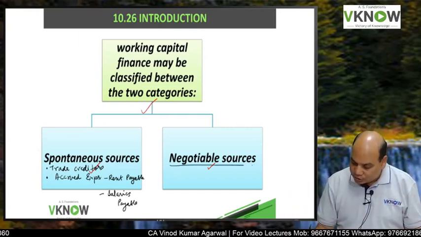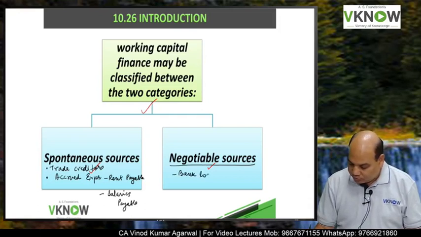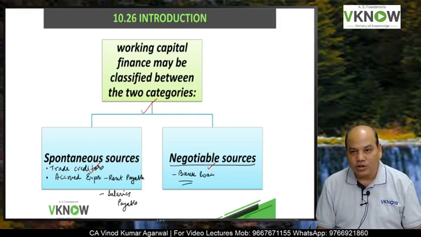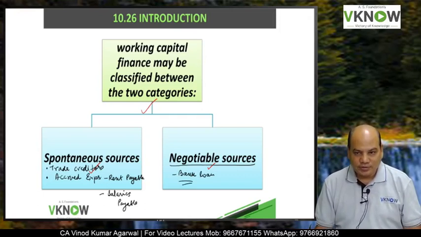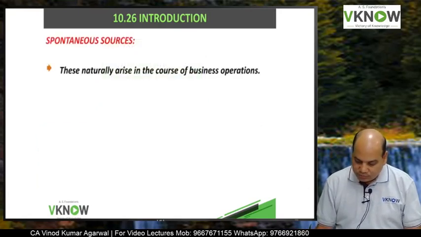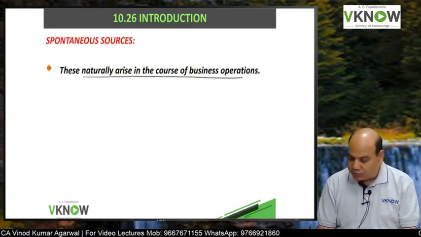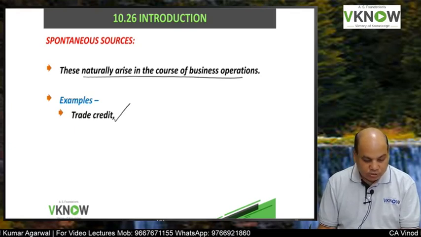But then there are negotiable sources like bank loan. All bank related loans, you have to enter into a contract with the bank, sign a bank agreement, and then you get the funds, right? So spontaneous source means they naturally arise in the course of day-to-day operation. Examples are written below.